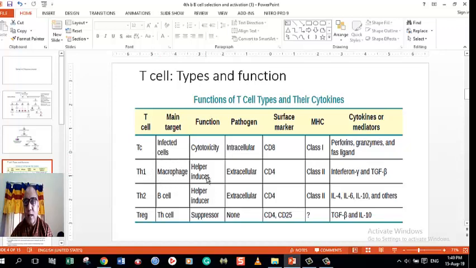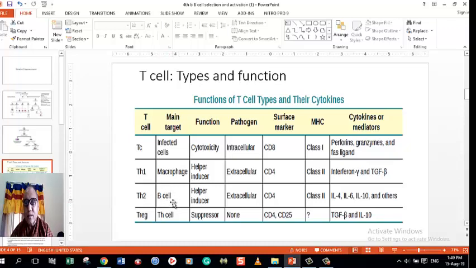Once these macrophages present the pathogens or the foreign particles to the T helper cell, the T helper cell will produce certain chemicals which will signal the other T cells, the B cells or the neighboring cells. So interferon gamma or TGF beta will help to transmit the message to the other T cells or the neighboring cells.